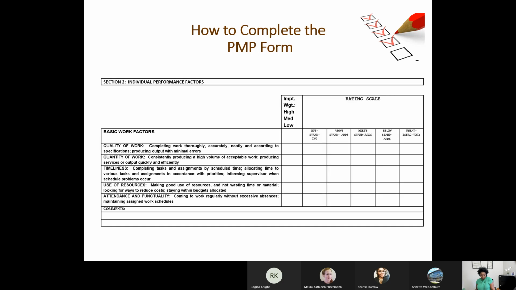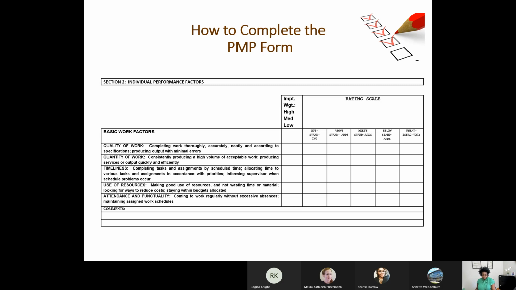So section 2 is the individual performance factors. On the left column, you have basic work factors: quality of the work, quantity of work, timeliness, use of resources, attendance, and punctuality. Those are the work factors that you are assessing. The next column says importance weight: high, medium, and low. You'll put in a number here based on how you're prioritizing. My supervisor has said she puts a 3 because everything is really important.